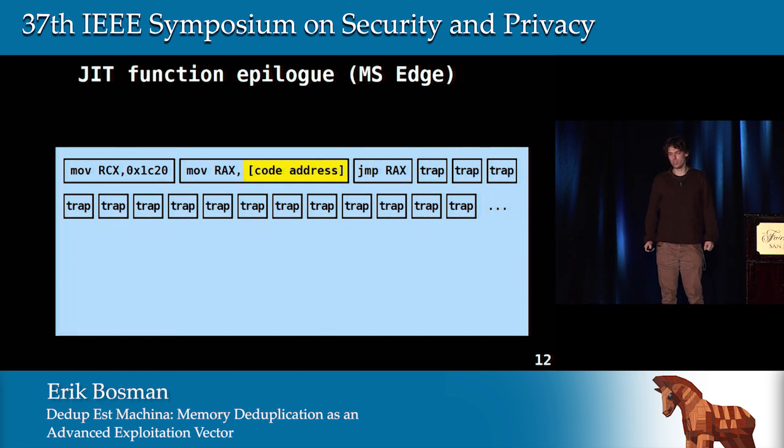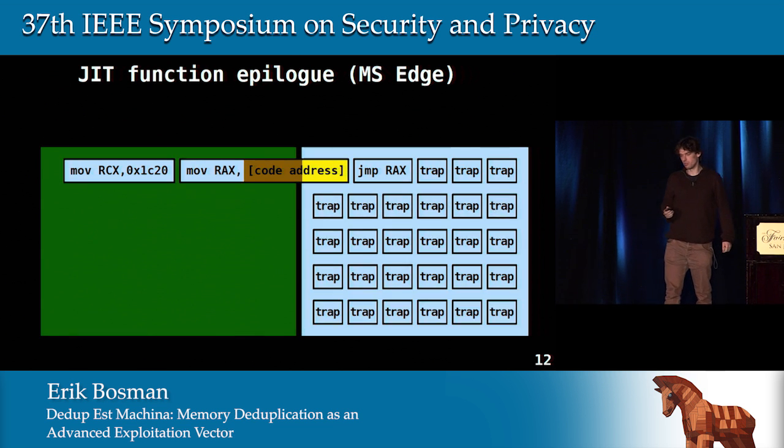We make use of the compiled JIT function epilogue in Microsoft Edge. And because we control the function, we can create functions which are just slightly larger than one page, so that the function epilogue is on the border of a page. And then some of the functions will have the code address which is in the function epilogue.